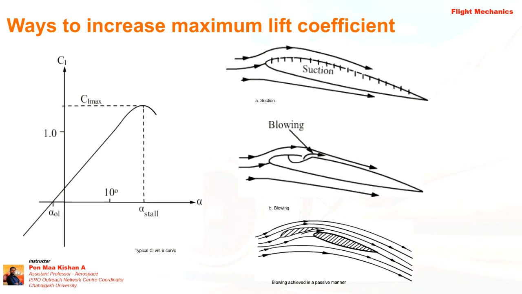Right. So one technique to improve the CL, right? To improve the CL, we need to energize the flow. Energize the flow in the sense, when the flow is in the upper layer and the bottom layer, right? The bottom layer has high pressure, the upper layer of the airfoil has low pressure, right?